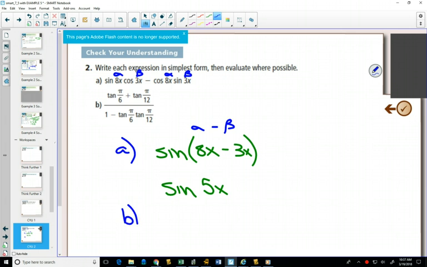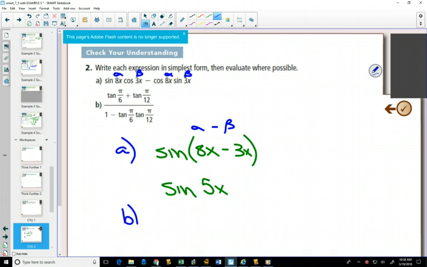Again, for part B, with the tan formulas, you don't have to memorize them completely so that you look at this and say, I know exactly which one that is. But you should have the skill to say, I have a fraction with a lot of tan. So based on that, I know I have a formula that matches.